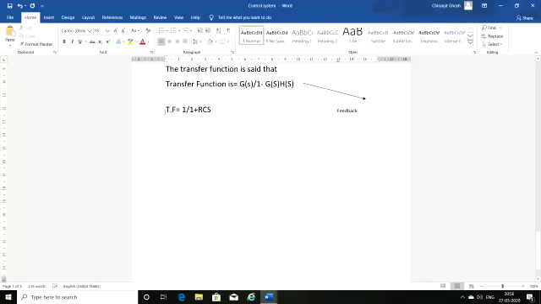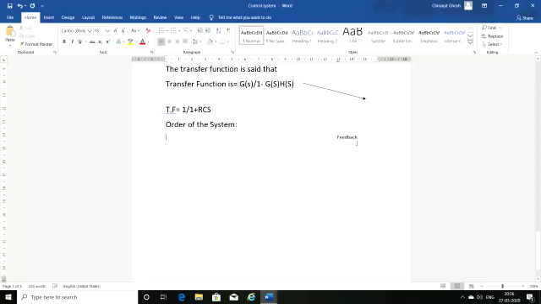Now we want to know the order of the system. What is the definition of the order of the system?